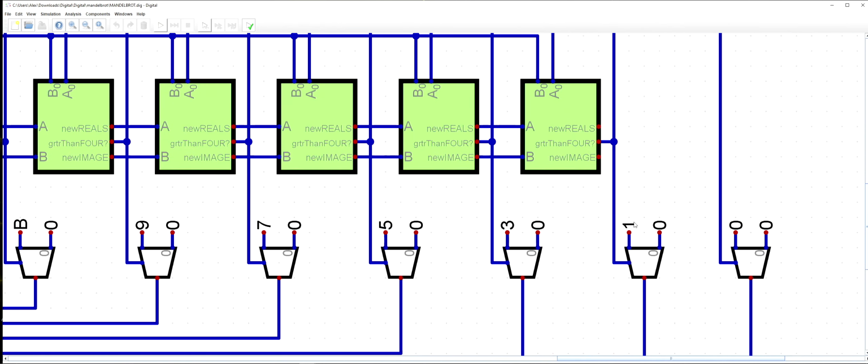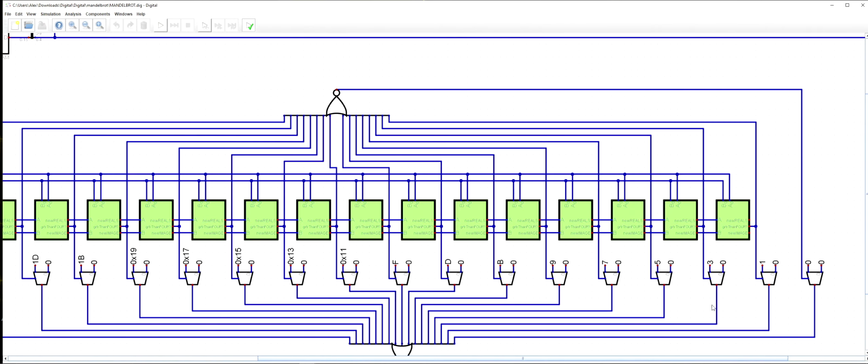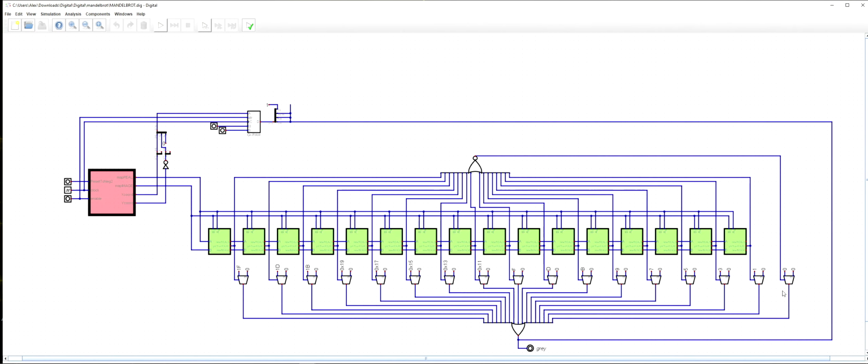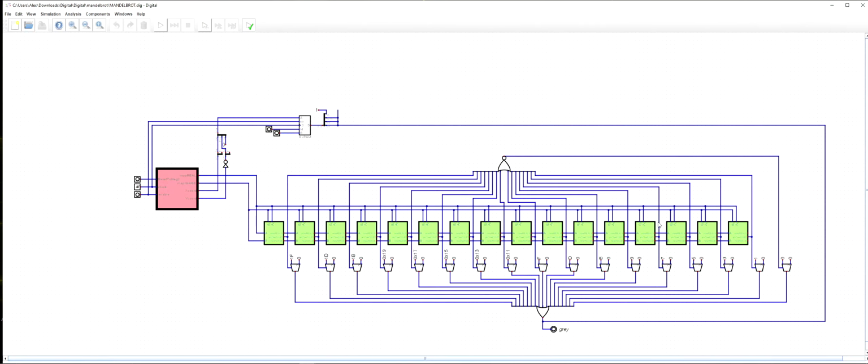So 1 is like dark gray, then lighter dark gray, then light dark gray, and then it works its way towards white that way. So if it didn't blow up at all, it gets the darkest dark. And I'm only doing 16 iterations here, which you can obviously do a lot more.